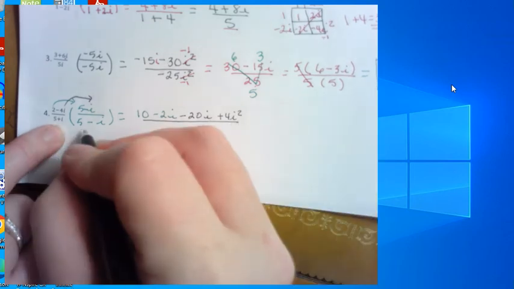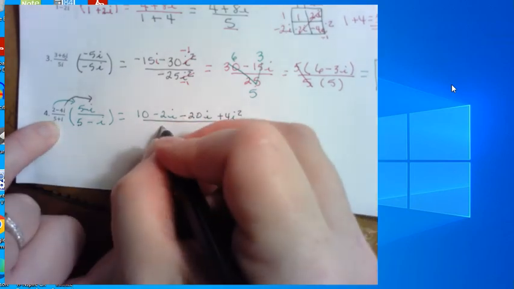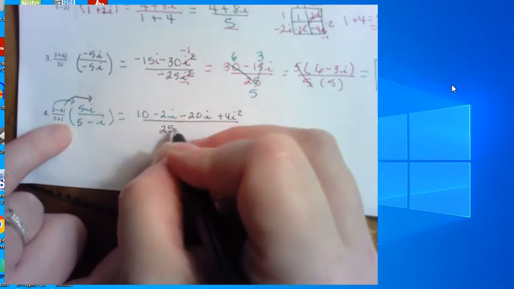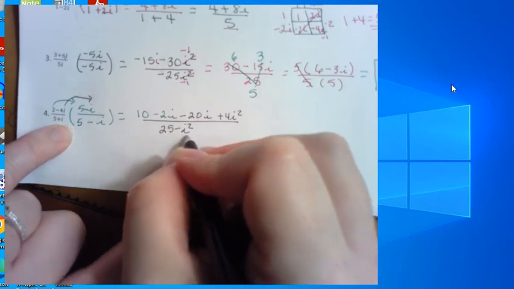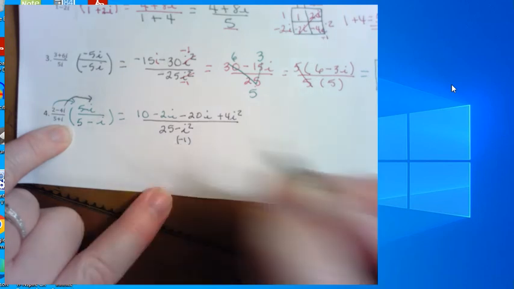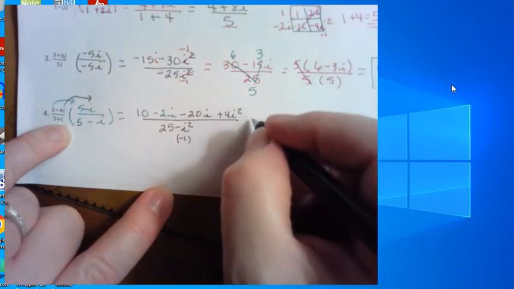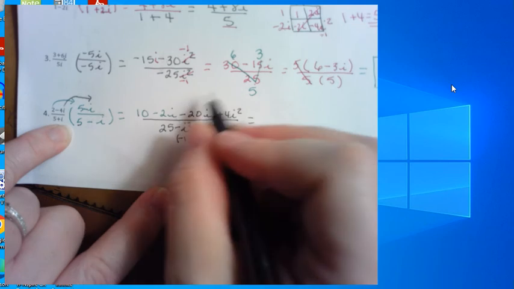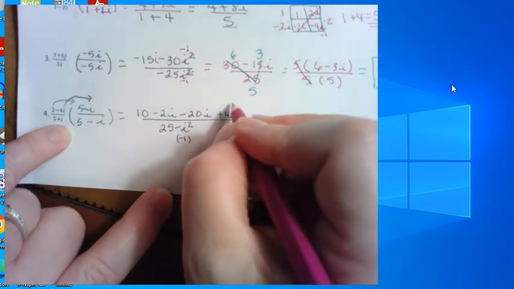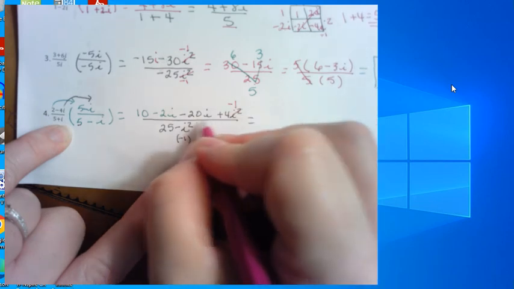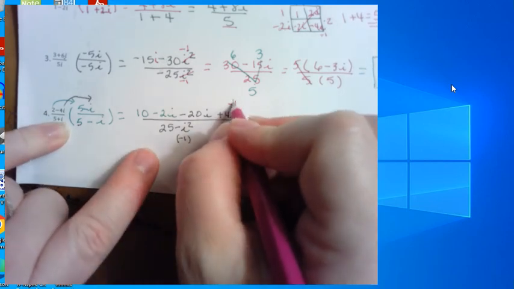I'm going to take my shortcut. 5 times 5 is 25 minus 1i squared, which is going to be negative 1. Okay? And then I'm going to simplify up here. I'm going to change color so you can see it. This becomes negative 1. So I'm negative 4.